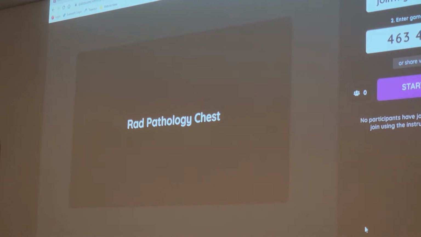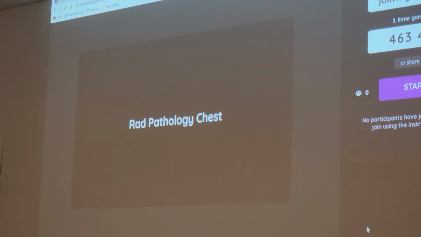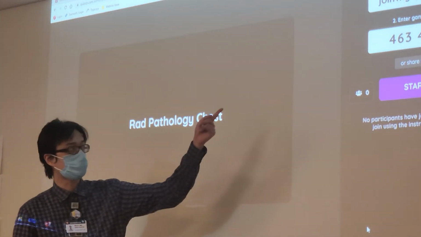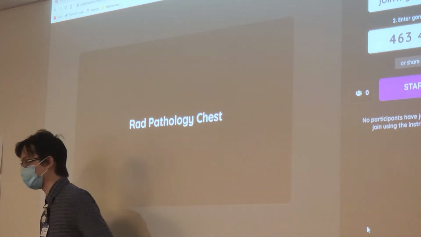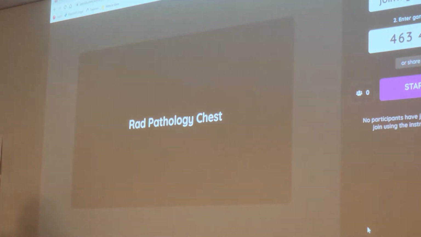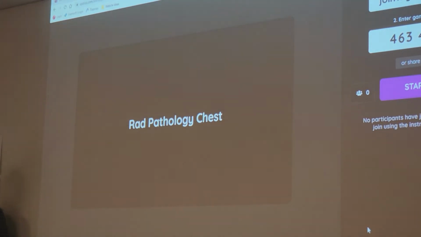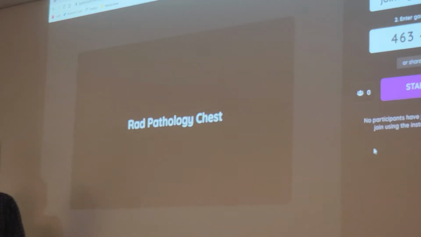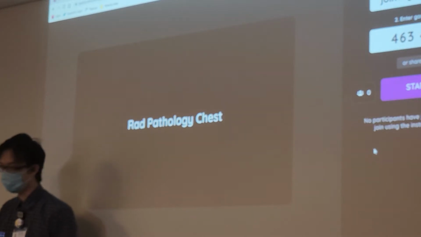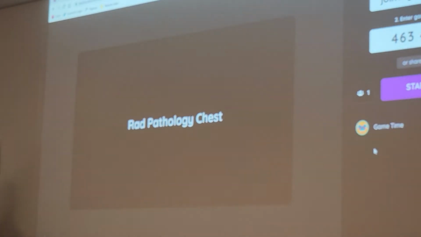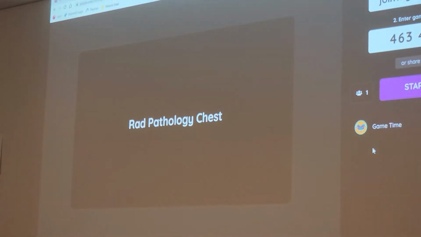If everyone would please go to the site listed at the top, joinmyquiz.com, and put in this game code, 463468. And we'll see if this has a better connection compared to Kahoot. Hopefully we don't have people connecting or disconnecting halfway through again.